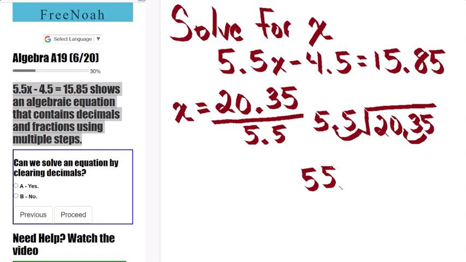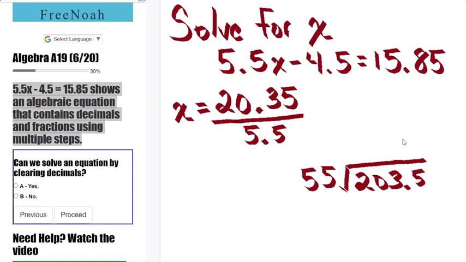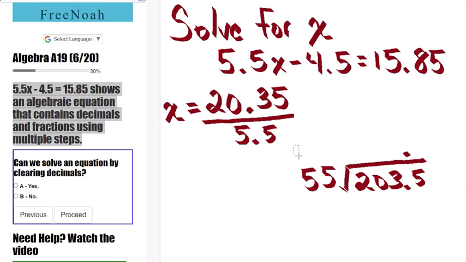So that gives us 55 wholes and 235 and 5/10. Let's not forget that we're going to copy the decimal point on the quotient side, right up here. Perfect. So 55 goes into 203 how many times? I say 3.